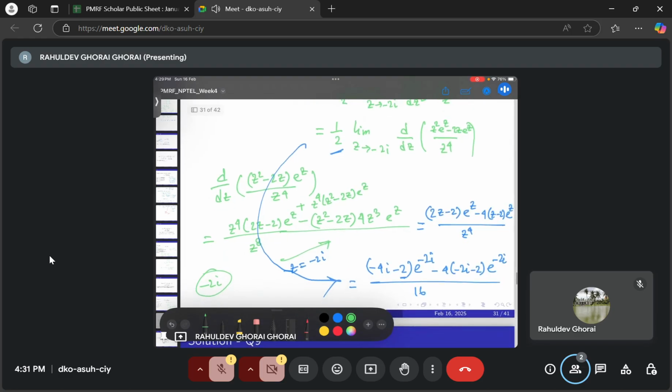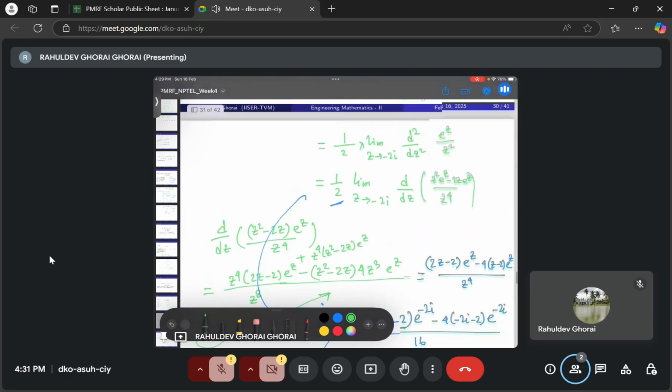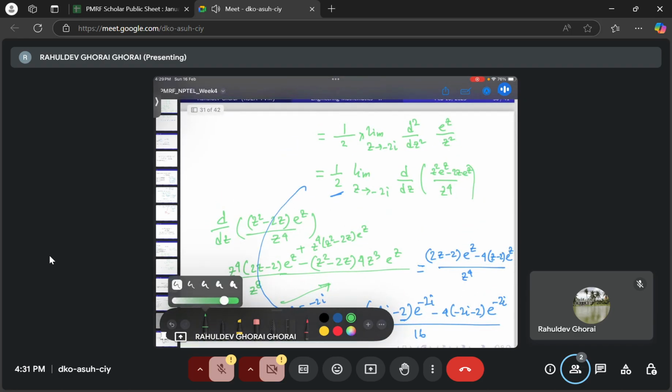So we'll have to add one term, that is z square minus 2z times e to the power z also will be there.